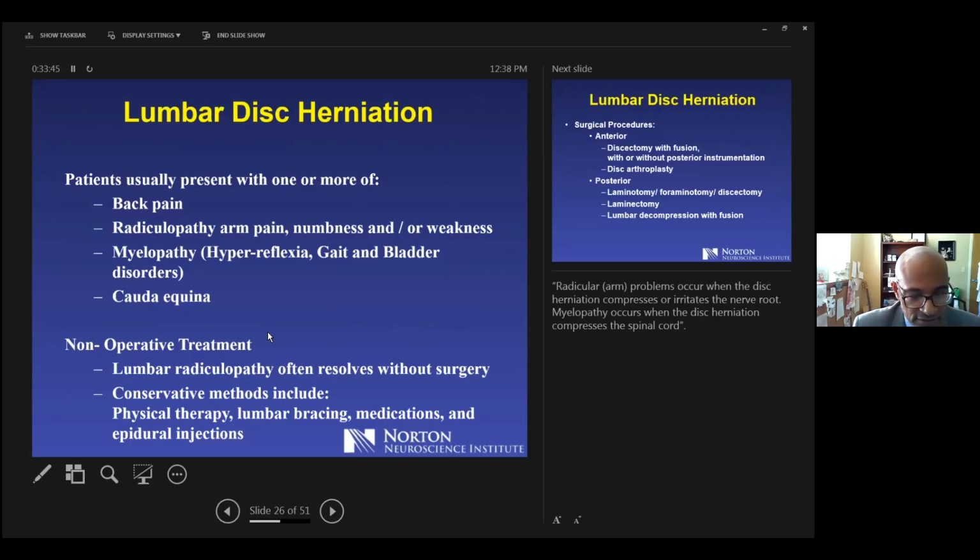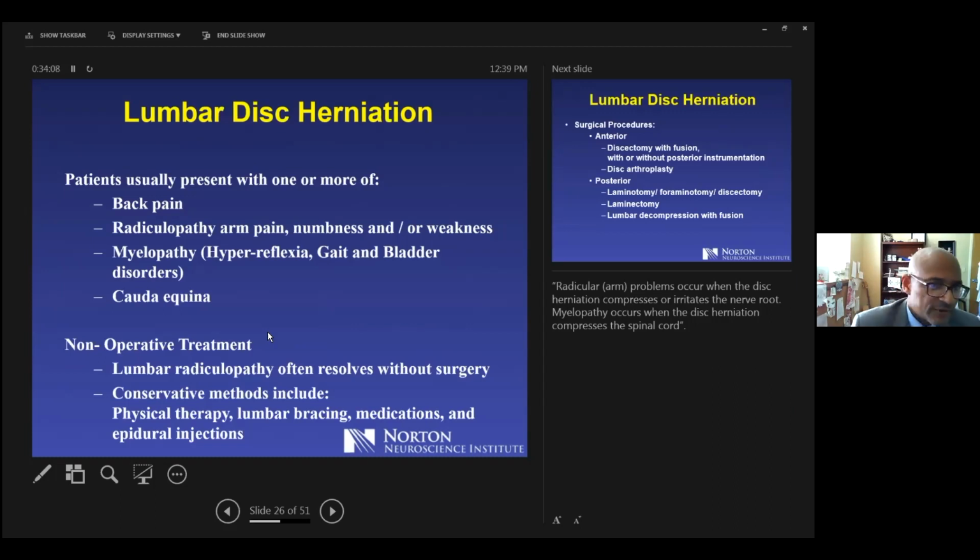Myelopathy, again, could lead to hyperreflexia, certain reflexes like Hoffman's or clonus is stuff that you can find. You can have problems with gait, bowel, bladder. And then in the lumbar spine, obviously, you can have cauda equina, where people lose bladder function, have severe pain, can be in bilateral legs. If that's not addressed immediately, a lot of times people can have persistent incontinence.